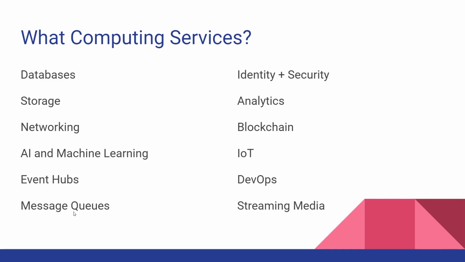Machine learning is a big growth path, and Microsoft has these cognitive services that they offer if you want text to speech and speech to text and image recognition and all of these wonderful things, chatbots. That's all in the machine learning category. Event hubs and queues, depending on your application communication style. Then on the right, we've got everything from identity and security elements, analytics, blockchain, if that's something that excites you.